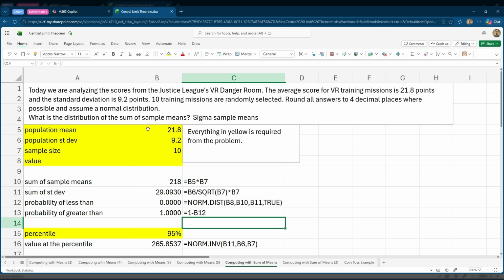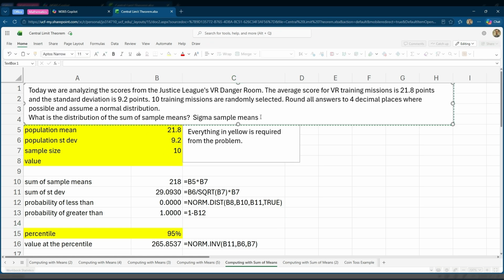So what is the distribution? The distribution is going to be the normal, right? And you're going to have the 21.8 and then the 29.093. Perfect, right? So that's what your sampling distribution is going to look like, and everything gets calculated off of that.